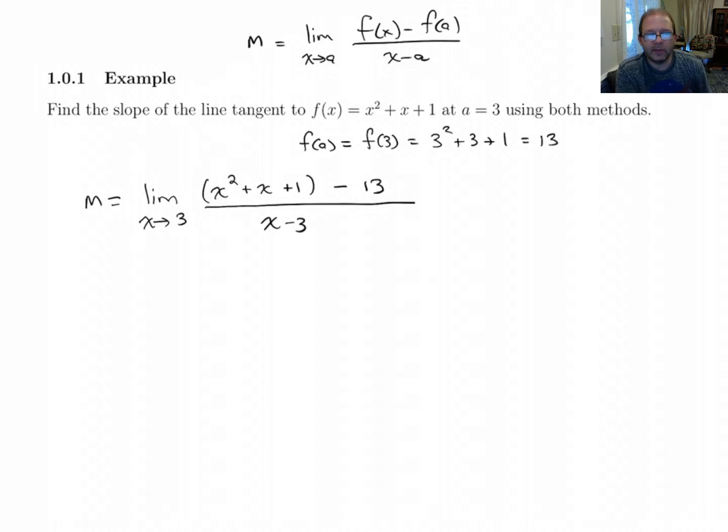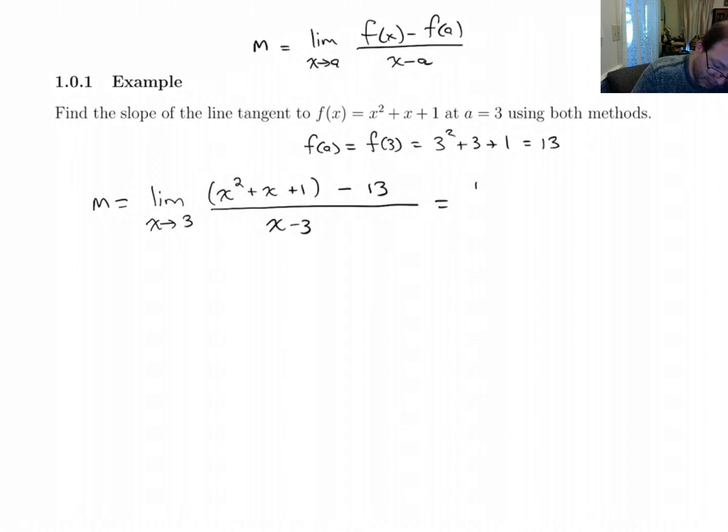So instead of plugging the 3 in right now, let's go ahead and combine the top and see what we get. All right, so this is going to be the limit as x goes to 3. The top is x squared plus x minus 12 over x minus 3.